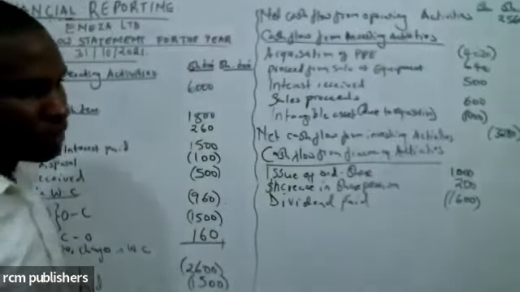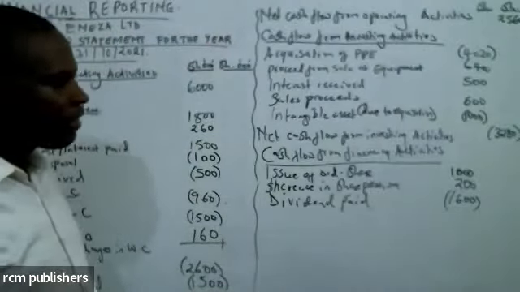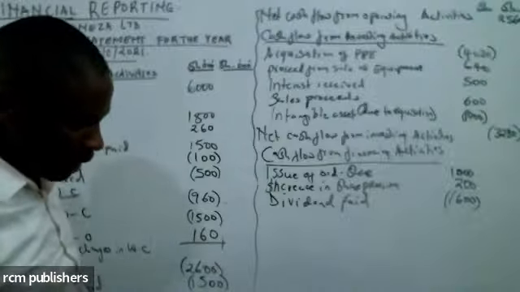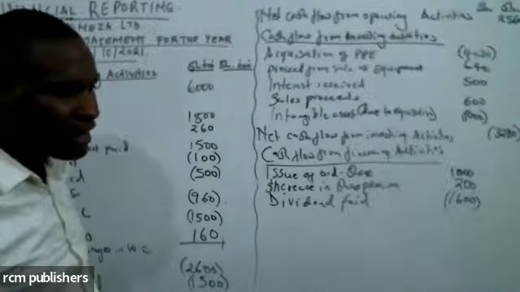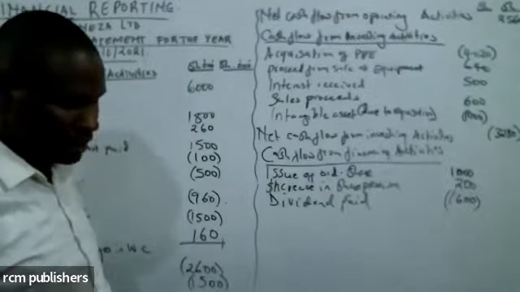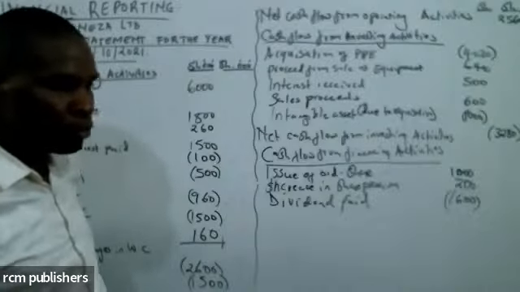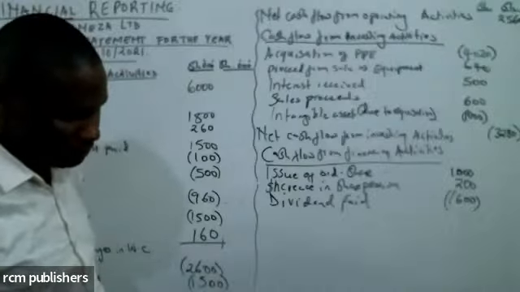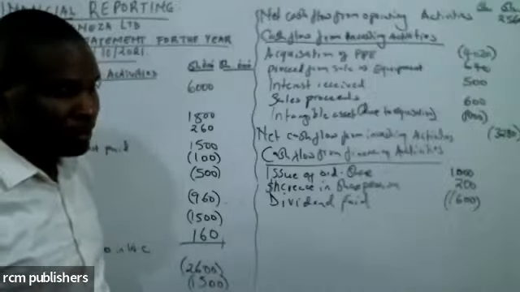Any other item? You go to non-current liability. Tuko na loan hapa. At the start of the year, loan ilikuwa ngapi? Sasa tuone what happened. Kama walilipa hii loan ama waliborrow. 1,000.